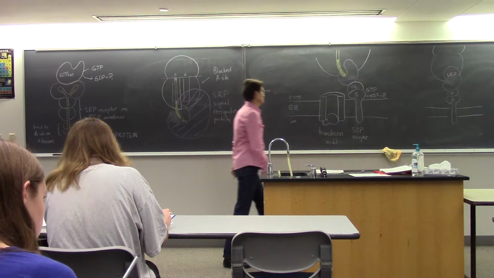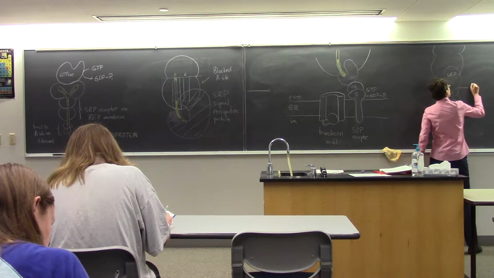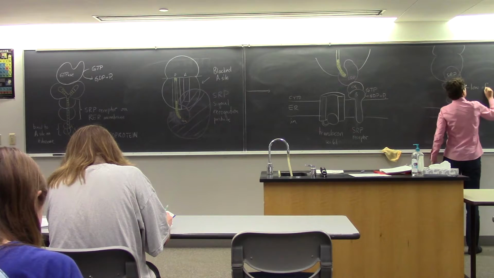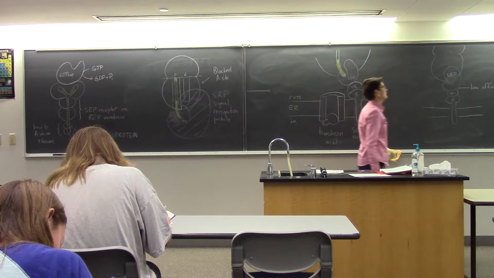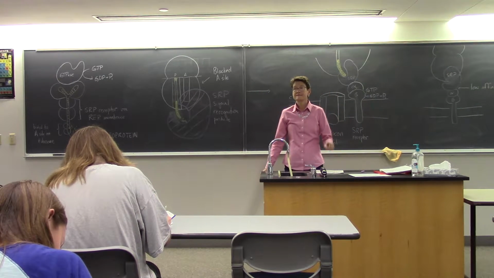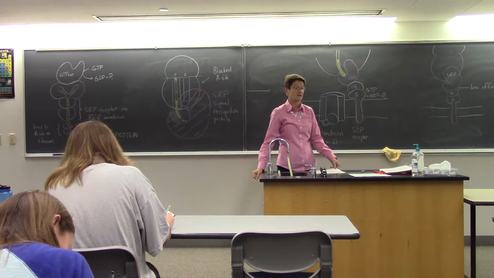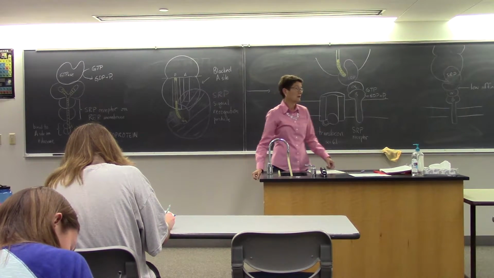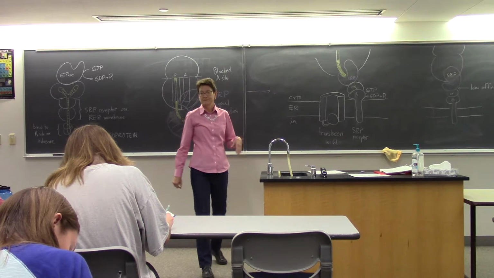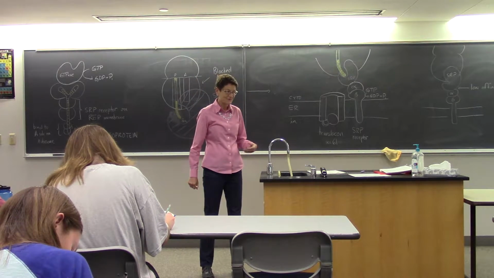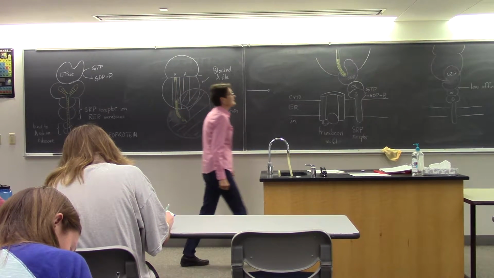And here's the reason why. The SRP has a very low affinity for the SRP receptor when it doesn't carry a signal sequence. And the paper I was reading this morning called the signal sequence cargo, which actually makes sense.